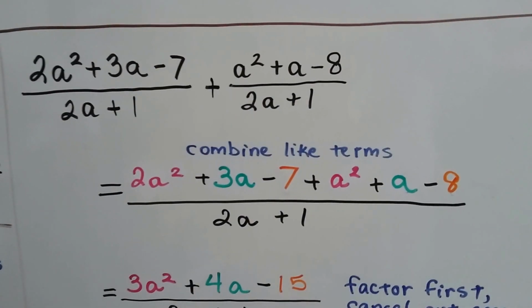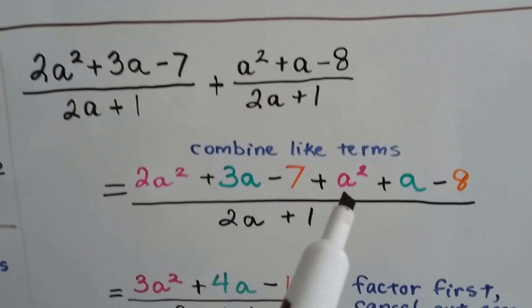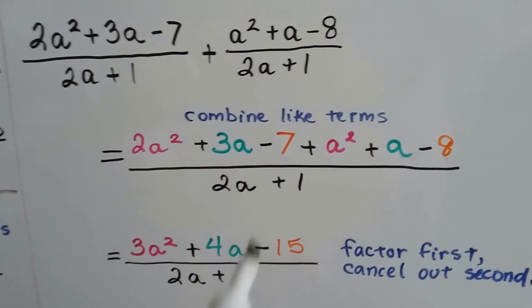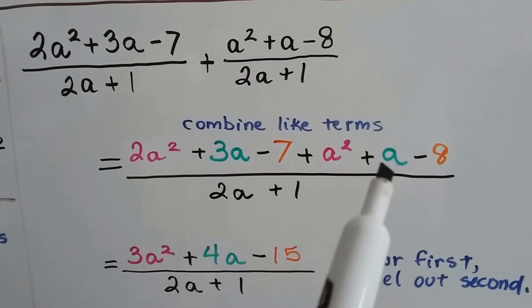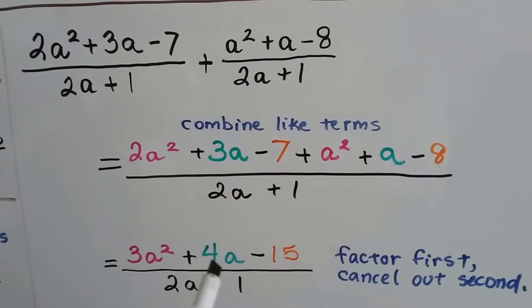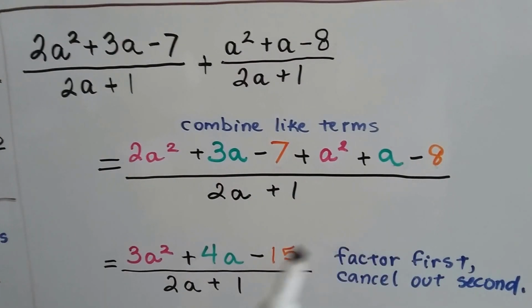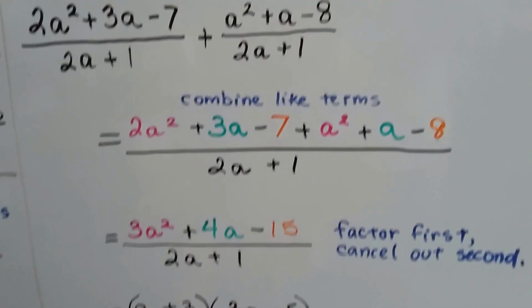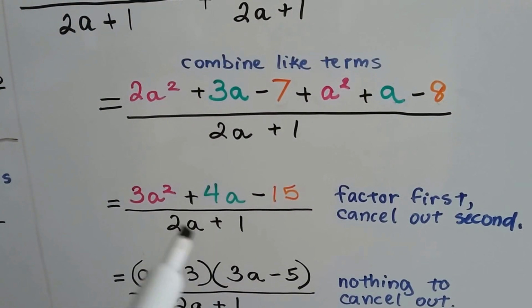We can combine these like terms. 2a squared and a squared makes 3a squared. We're going to add a positive 3a and another positive a. That makes 4a. Then we get a negative 7 and a negative 8. That makes negative 15. So now we've got this trinomial over this binomial.